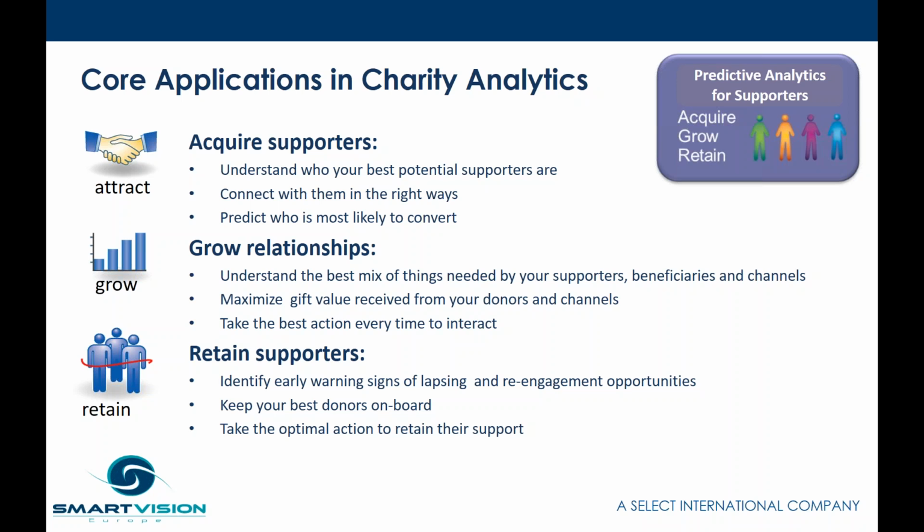You can't interact with everybody all the time. You can't necessarily try and persuade everybody to keep on board all the time. So being able to predict those who are valuable and who are likely to no longer donate up front is very, very compelling. Keeping your best donors on board, taking the optimal action to retain their support. All of these are potential areas where predictive analytics may be brought to bear.